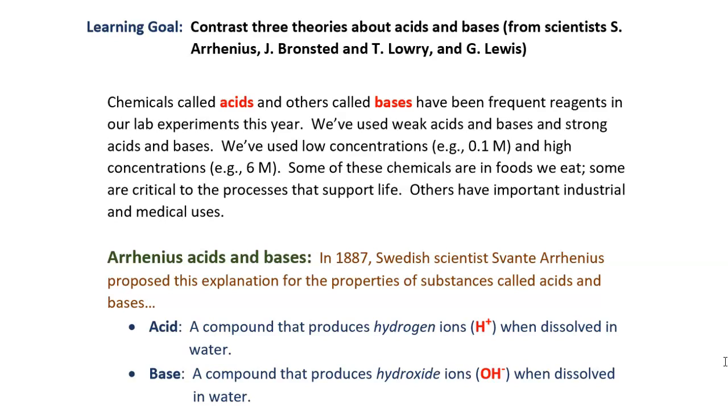The Arrhenius definition of an acid is, an acid is a compound that produces hydrogen ions when dissolved in water. A base, according to Arrhenius, is a compound that produces hydroxide ions when dissolved in water.